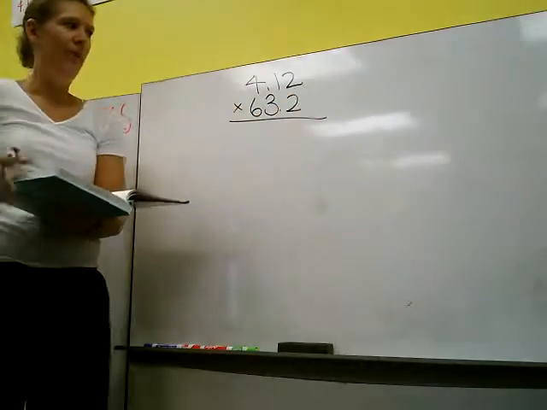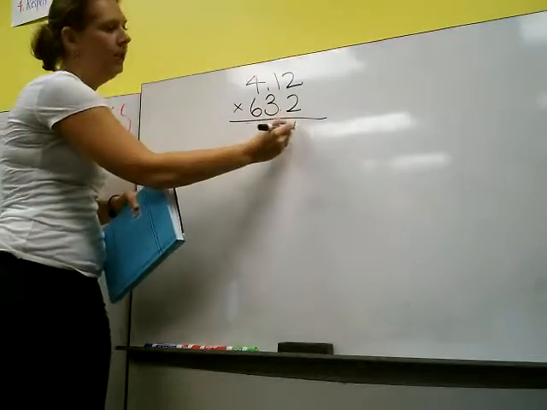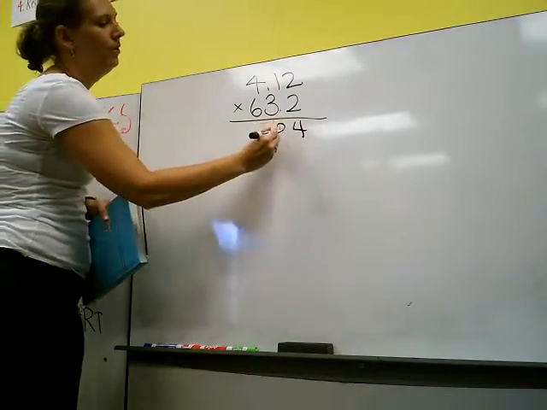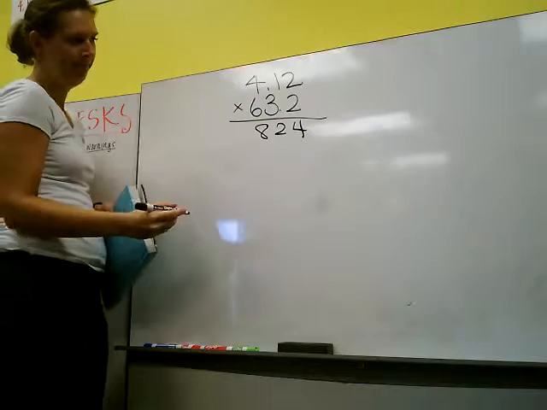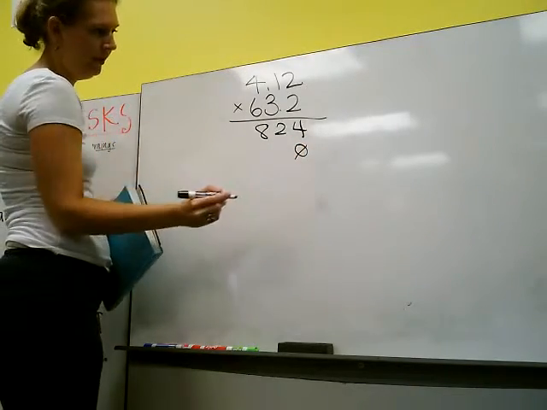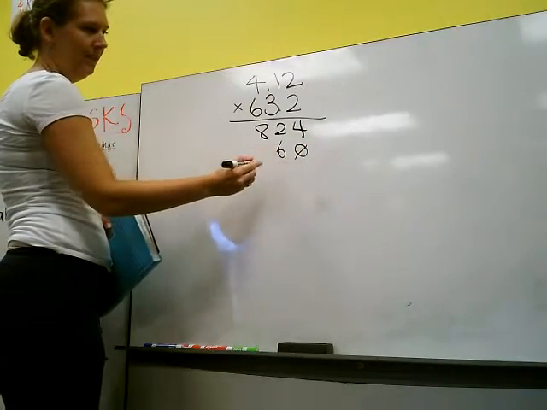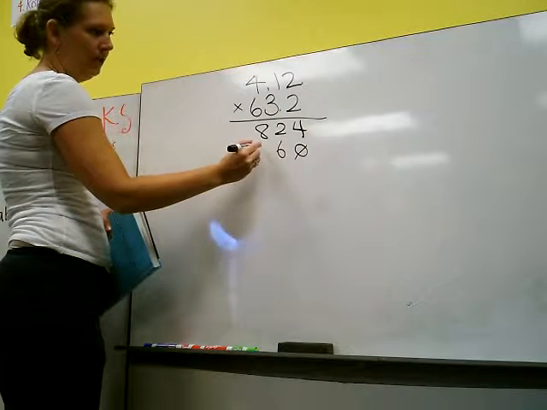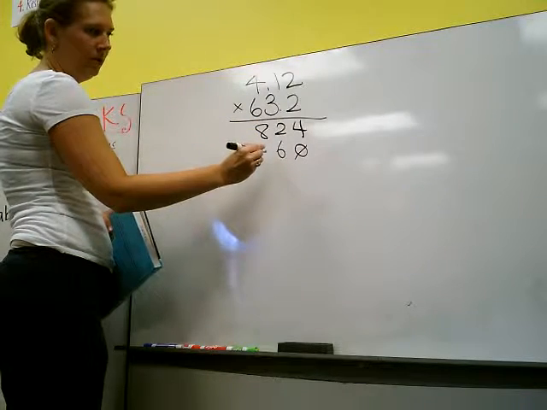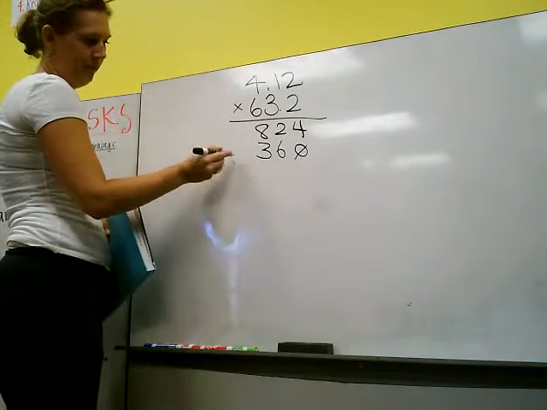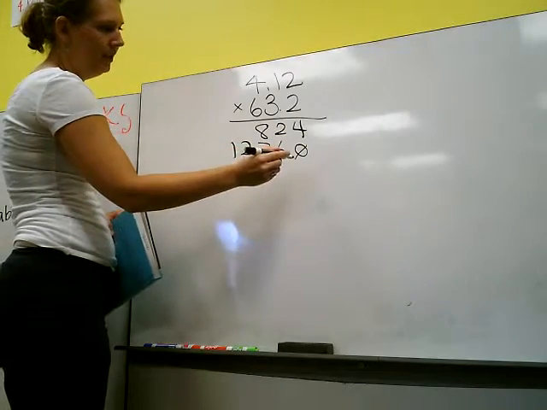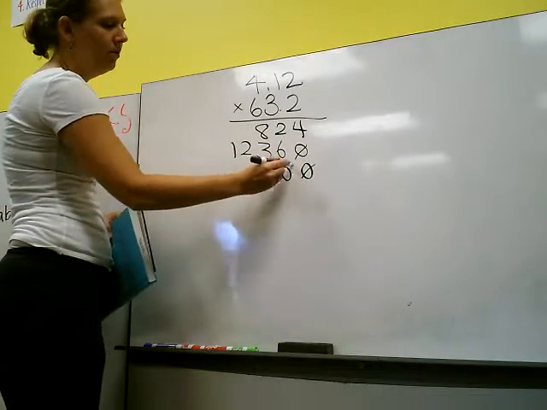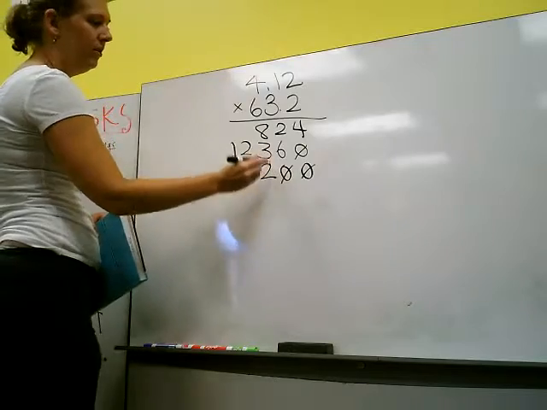All right, do my math for me here. 4, 2, 8. 0, that's my placeholder. Good. 6. 12. Careful. 3. 3, and then 12. Good. 0. 0. 12. 2.